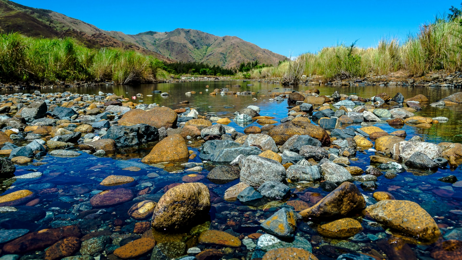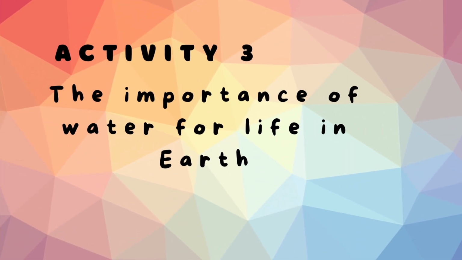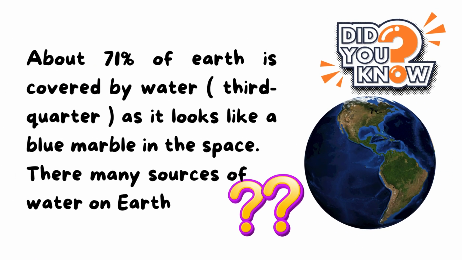Now we will go to activity 3. It's a very nice and very easy activity. The importance of water for life on Earth. About 71% of Earth is covered by water, and this percentage represents about three quarters, and Earth looks like a blue marble in space.